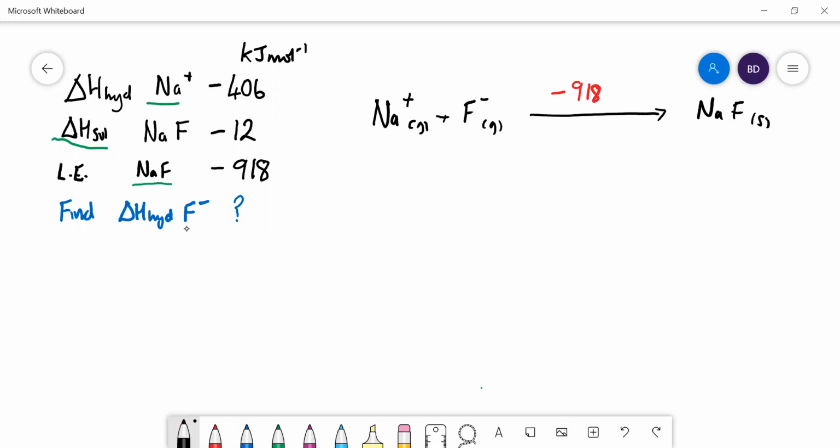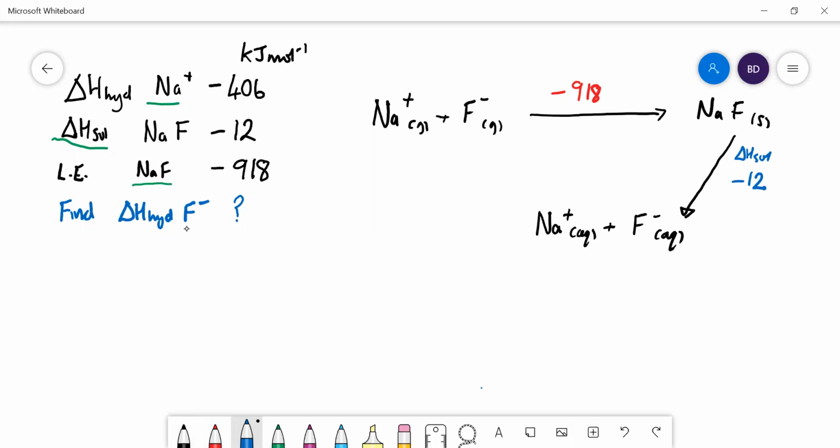Down here, we're going to have the ions when they are in aqueous solution. This is usually what we've got to find out, but not in this case. It's delta H sol, and they tell us it has a value of minus 12 kilojoules per mole.